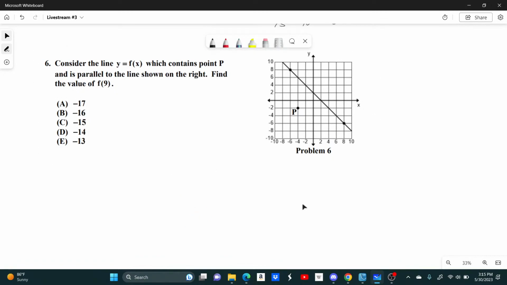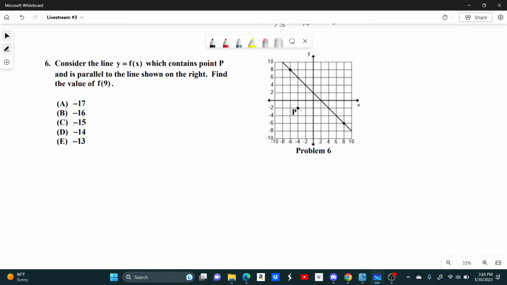Alright, consider the line y equals f of x, which contains point P and is parallel to the line shown on the right. Find the value of f of 9. Okay, so f of x contains point P and is parallel to this line.